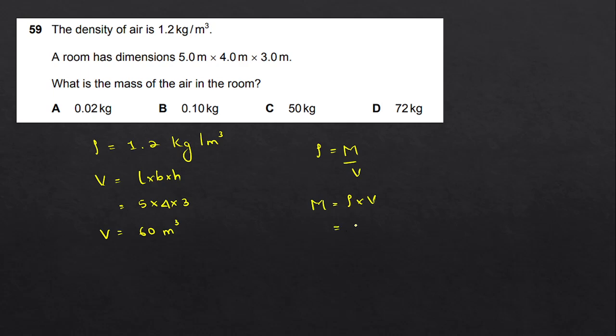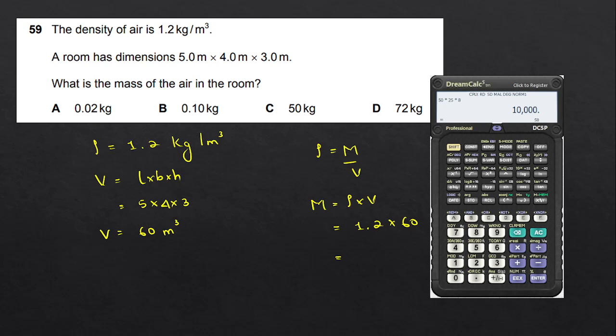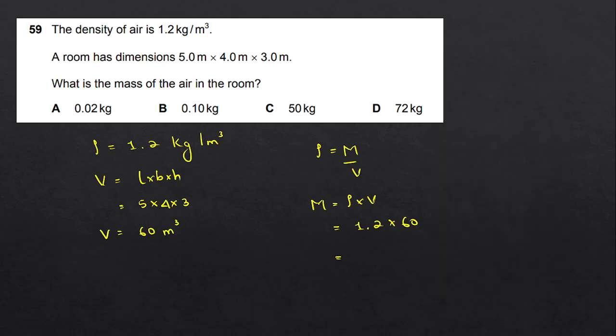This will be 1.2 times 60. Let's use calculator for this. 1.2 times 60 is 72. So let's write down M equals 72 kilograms. Correct answer is option D.